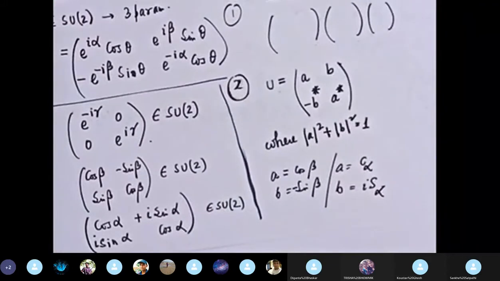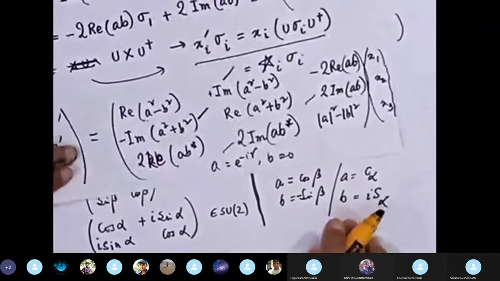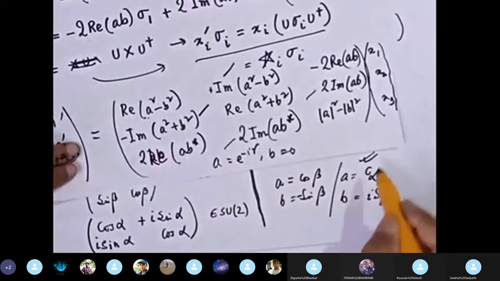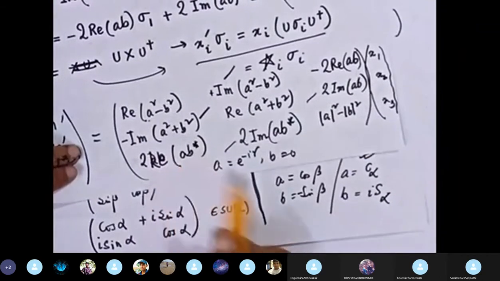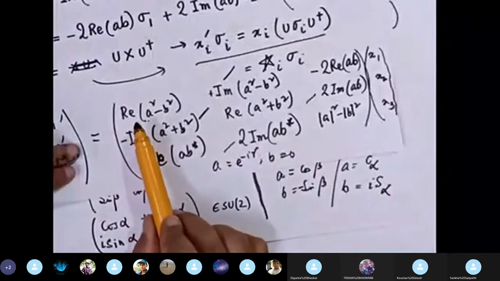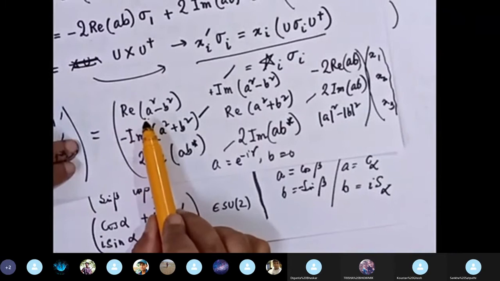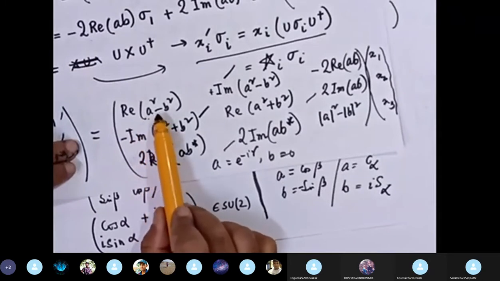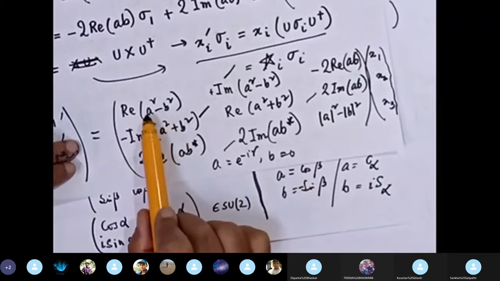Now you can check that for this, the first term is what? Cos square alpha plus sin square alpha, because this minus will become plus, I square will become plus. This is 1.